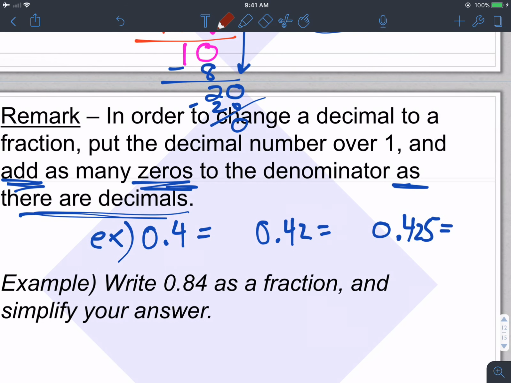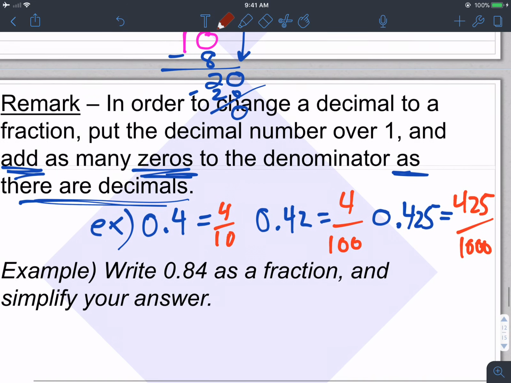There's only one decimal place in 0.4, and it's in the 10ths, so that's why the placeholders come in handy. The 10ths, put it over 10. 0.42 is to the 100ths, put it over 100. 0.425 is to the 1,000ths, put it over 1,000. And then you'd have to reduce from there.